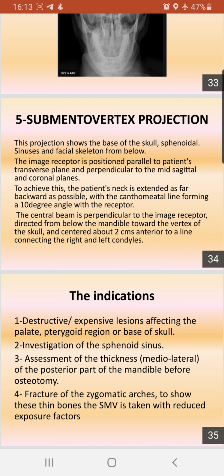To achieve this, the patient's neck should be extended as far backward as possible, with the canthomeatal line forming a 10-degree angle with the receptor. The central beam is perpendicular to the image receptor, directed from below the mandible toward the vertex of the skull, and centered about 2 cm anterior to the line connecting the right and left condyle.